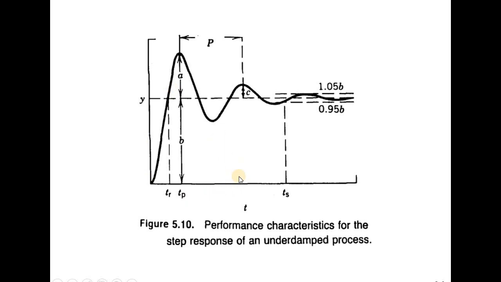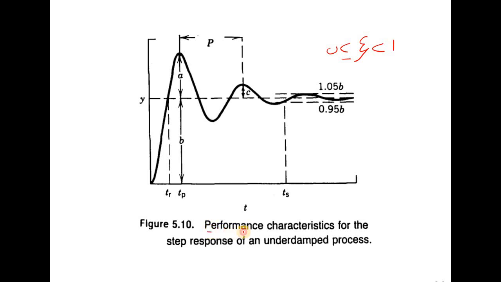In this case, we are saying that if Xi is between 0 and 1, we are going to get a response which looks like the one in front of you. And looking at this response, we want to say what is a good response and what is a bad response, or how you can say that the response is slow or fast.